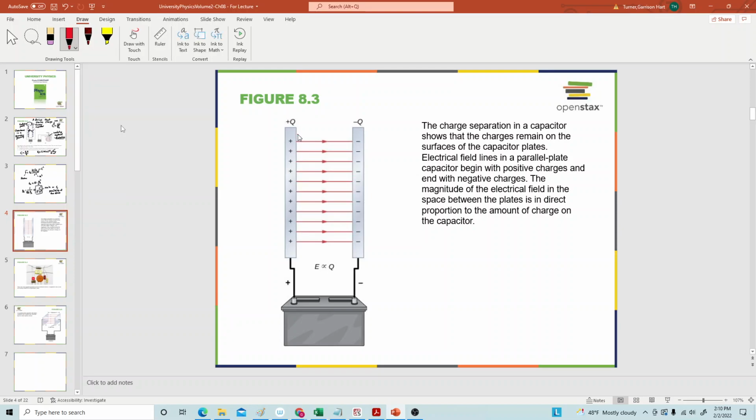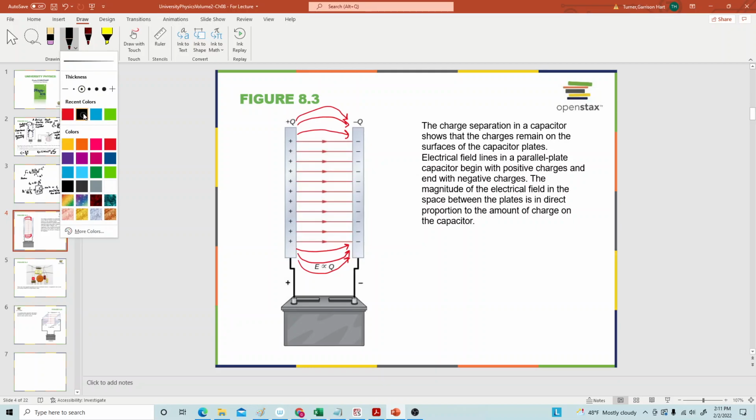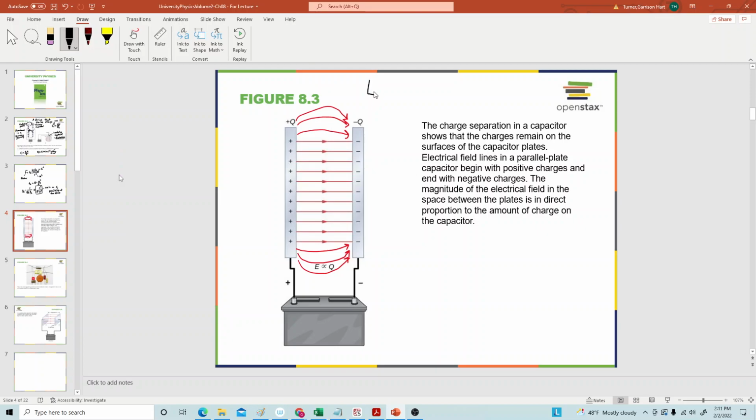As you move toward the edges, your field will bow a little bit, and then a little bit more extreme. But near the center, these effects are extremely negligible. So we have a uniform electric field. From this point on, whenever we talk about a uniform parallel plate capacitor, one of the assumptions you can automatically make is that E is going to be constant. The electric field between the two plates is more or less constant.